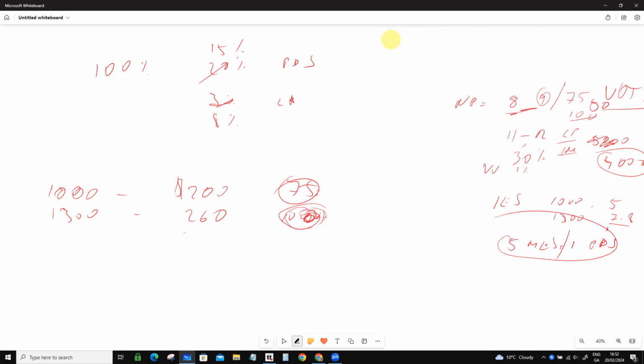We're making this wider because now we have 1,300 in open premium instead of 1,000. So when the market pulls back, we have 1,300 that's going up in value instead of 1,000. So we are getting hurt more per naked put than we used to, which is normal.